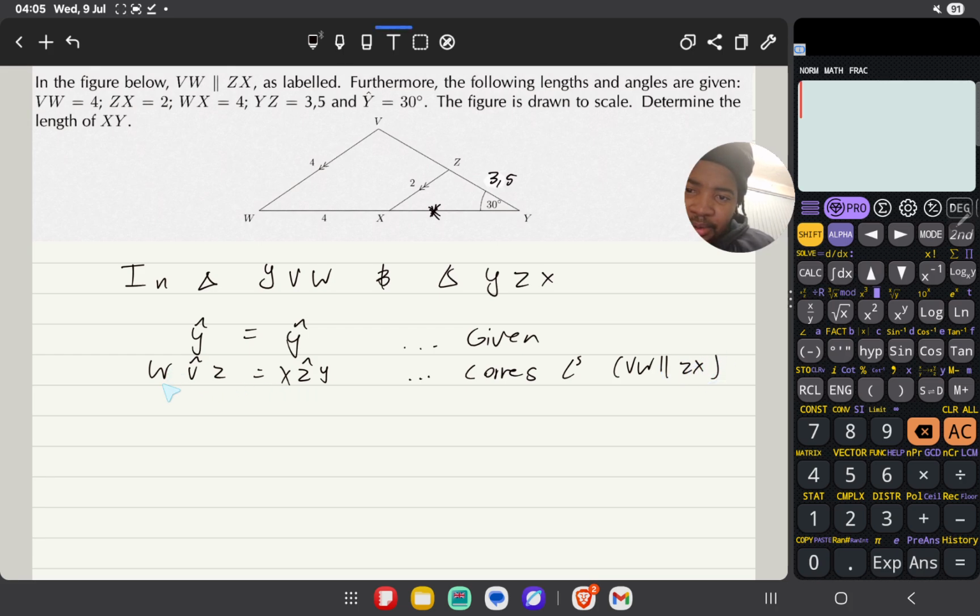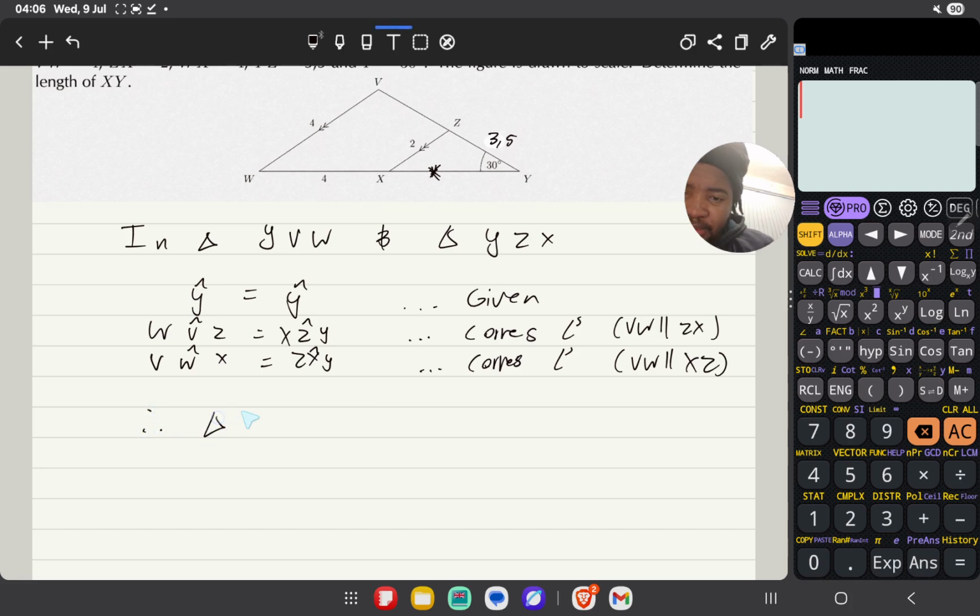And then angle VWX will be equal to angle ZXY, also corresponding angles, VW parallel to XZ.